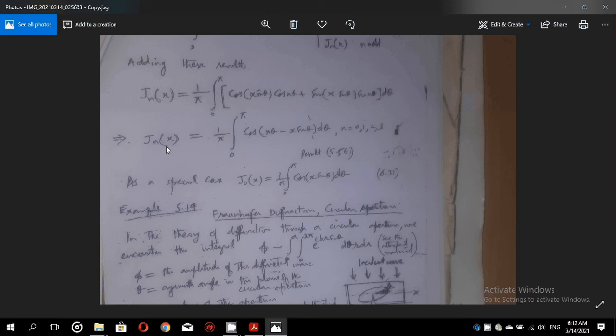Right, so let us now apply this integral representation to a very basic physical problem. As example 5.14, this is Fraunhofer diffraction through a circular aperture.